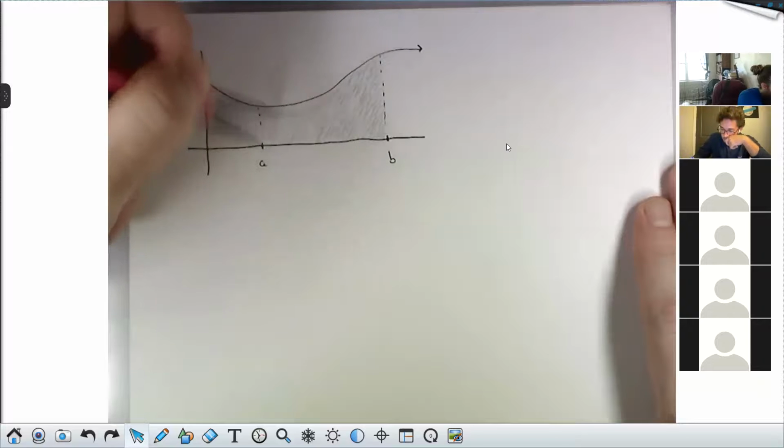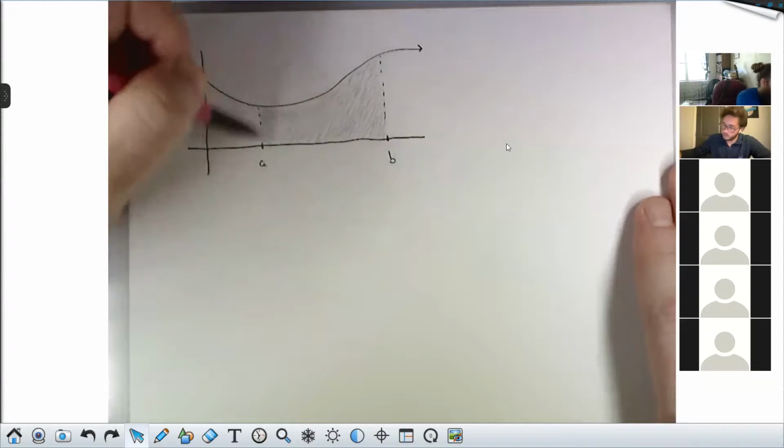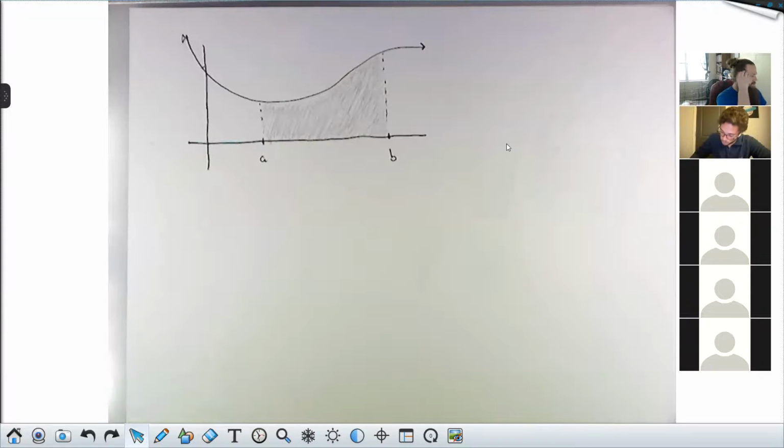And then as a consequence of the mean value theorem, that unique constant function, which is the average value, also has to touch the graph of the original function somewhere on AB.